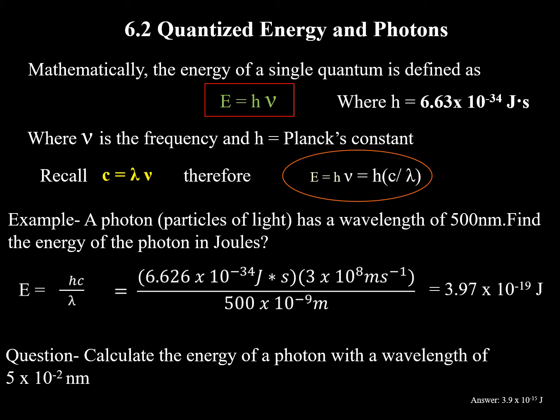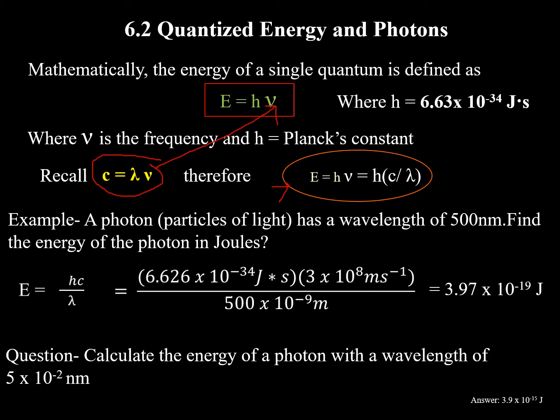We can also use this with our previous equation for the speed of light, because c equals lambda times frequency. We can isolate frequency and plug it in to give us the next equation, E equals hc over lambda.